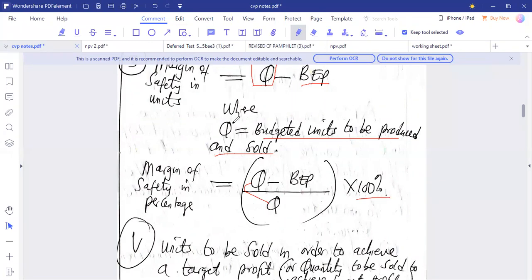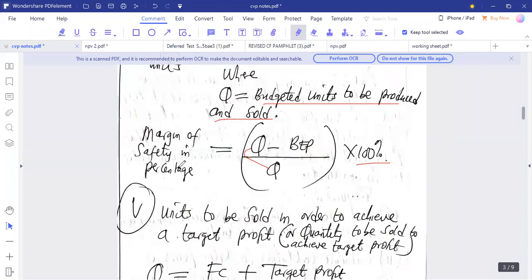So Q minus the BEP over Q, multiplied by 100%.